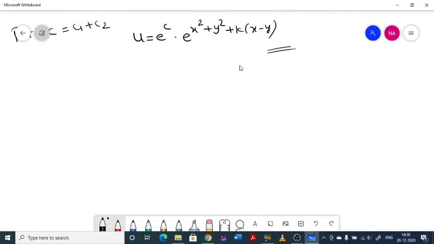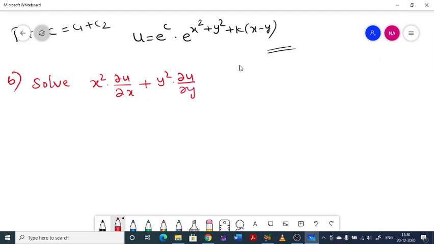Next, problem B. Solve x square into dou u by dou x plus y square into dou u by dou y equal to 0 by the method of separation of variables.